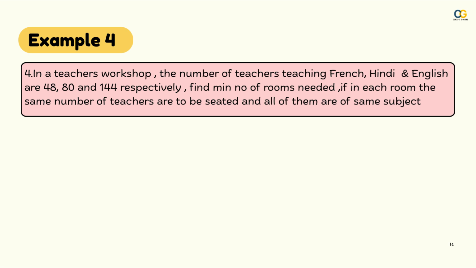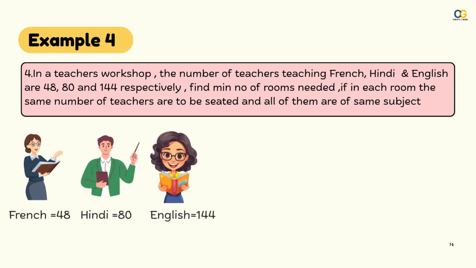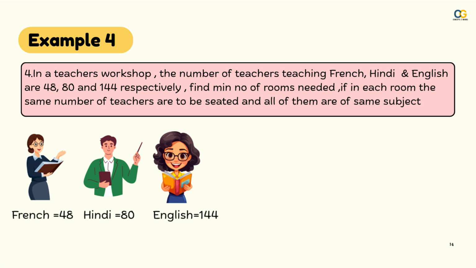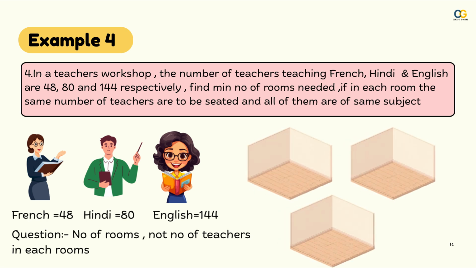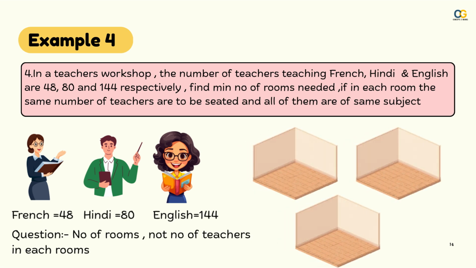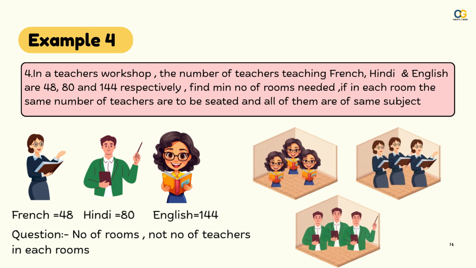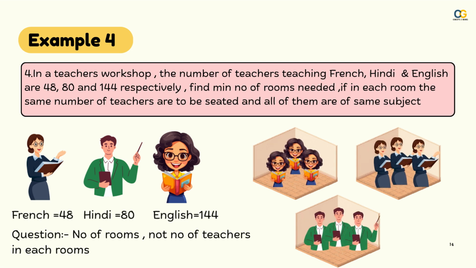Let us break this down and not get carried away by the word minimum and find the wrong LCM. Say there are 48 French teachers, 80 Hindi teachers and 144 English teachers. The question asks for the number of rooms and not the number of teachers in each room. We need to find the minimum number of rooms. How will we get the minimum number of rooms? If we place the maximum number of teachers in each room.